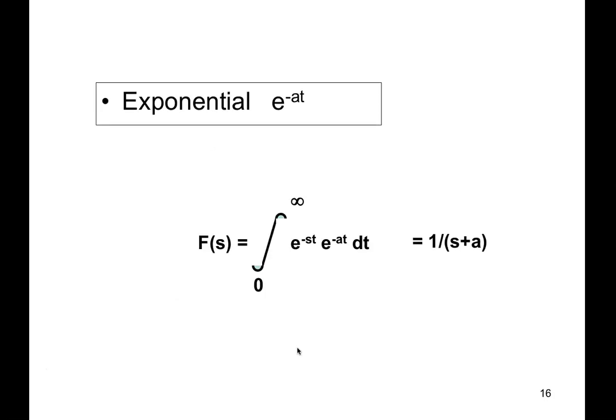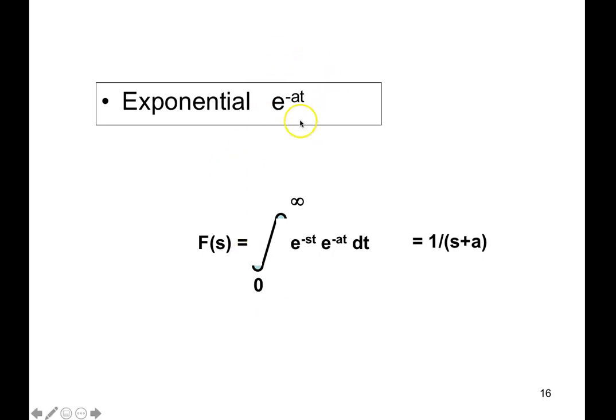The exponential function is very useful as well. In the time domain, it's e to the power minus at, where t is the time. In the frequency domain, it is 1 over s plus a.